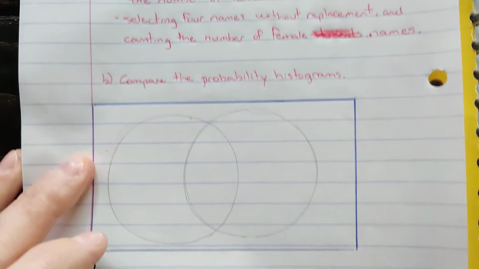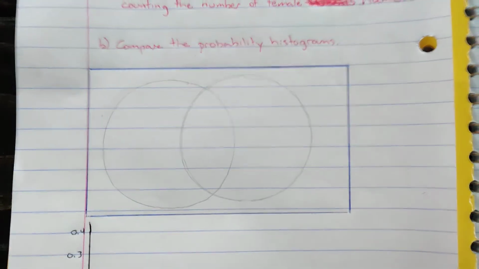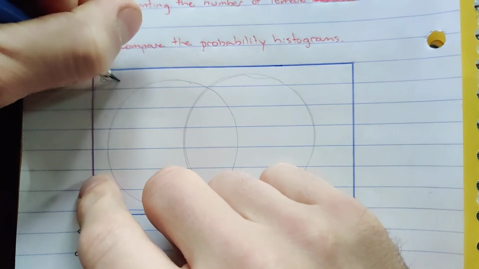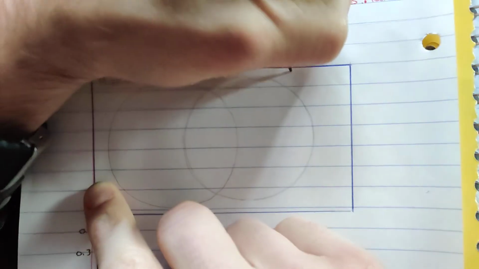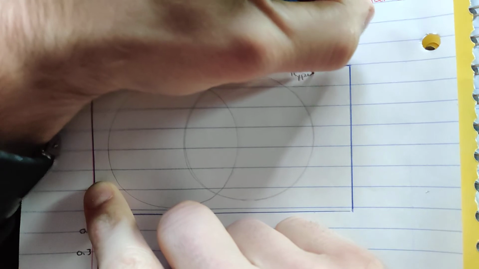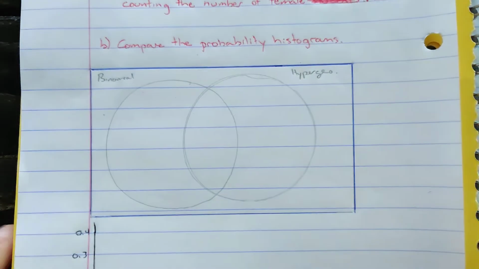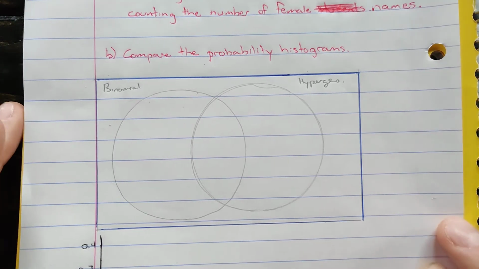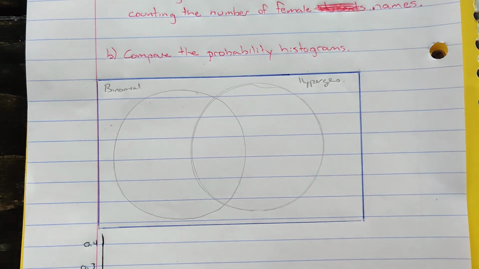I have a Venn diagram set up for us, and we're going to be comparing the binomial on this side and the hypergeometric on the other side. Looking at the binomial, the probability of the events in each case is going to be the same because we're putting the item back in.